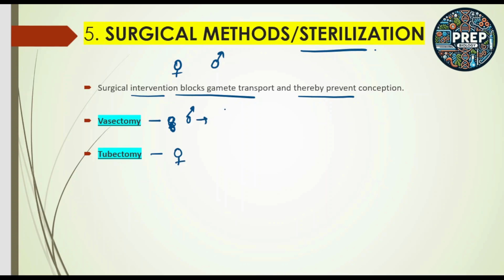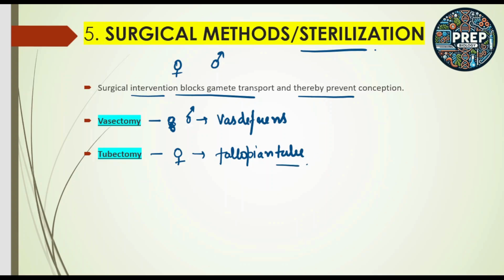So vasectomy, as the name suggests, the part of the vas deferens is removed or tied up through a small incision on the scrotum. And in tubectomy, as the name suggests, a part of the fallopian tube is removed or tied up through a small incision in the abdomen or through the vagina.